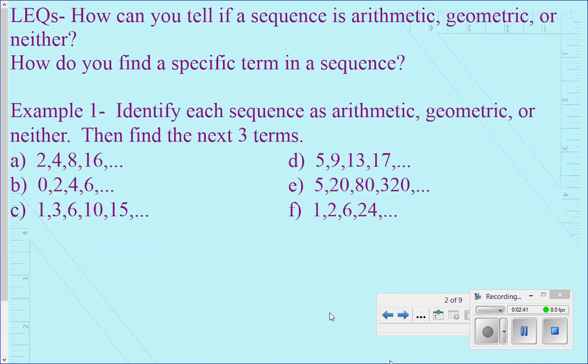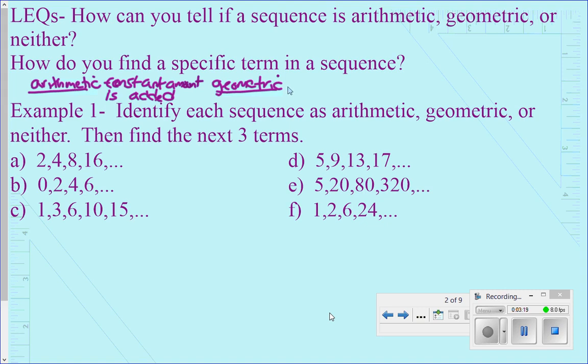Okay, so the next thing that we talked about is that sequences can be either what are called arithmetic or geometric. So you want to add that to your notes. Arithmetic means that we are adding a constant amount. So a constant amount is added.